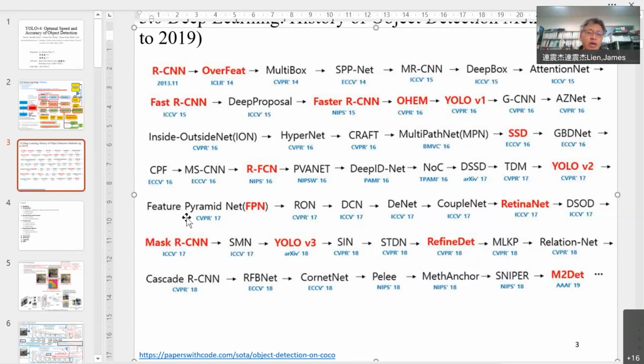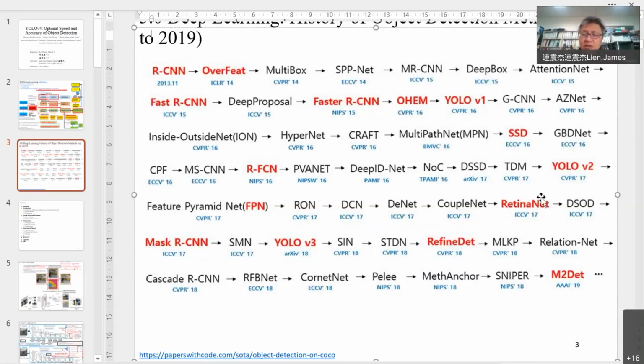The feature pyramid network does upsampling, and the basic idea is from wavelets, multi-resolution, also called pyramid. So this is for the upsampling.